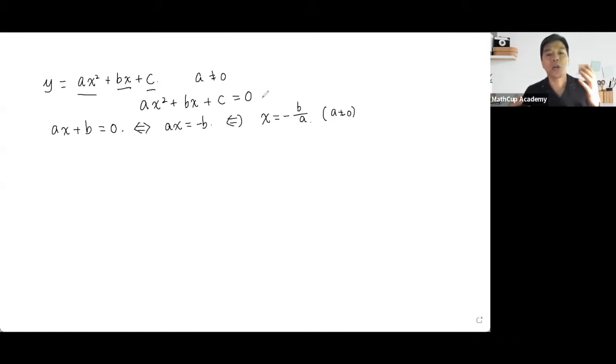So how do we solve a quadratic equation like ax squared plus bx plus c equals 0? This is not as simple as a linear equation, but it turns out there are exact formulas for the solutions. Here we're going to introduce two basic approaches to this, and we're going to see it from intuitive reasoning.